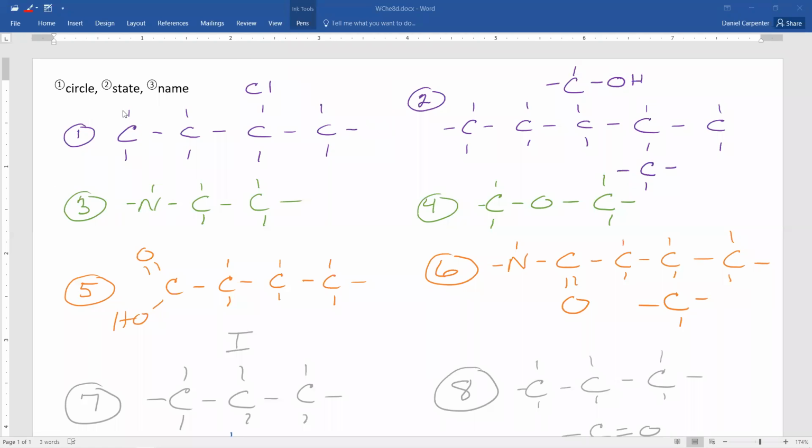All right, so number one, circle what is not CNH, regular CNH, which is right there. And number two, state what it is. Well, it's chlorine. Chlorine is a halogen.